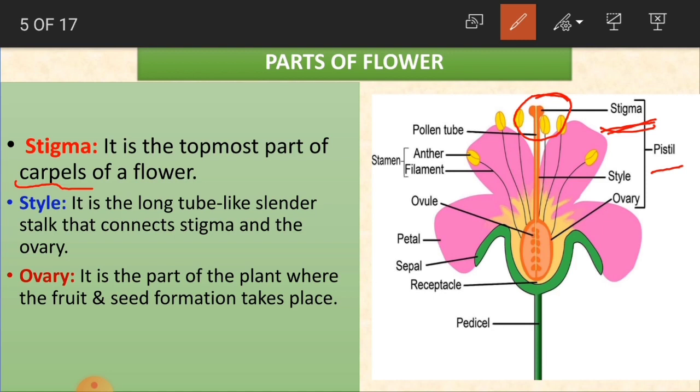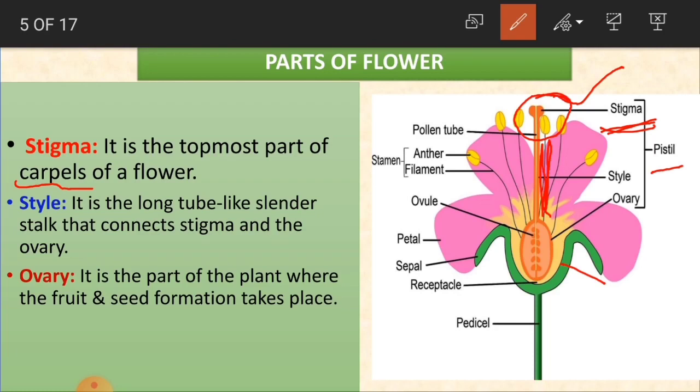What is style? It is a long tube-like slender stalk that connects the stigma and the ovary. See, a long tube type of stalk. It takes support from the ovary and connects the stigma and the ovary, lying in between these two.